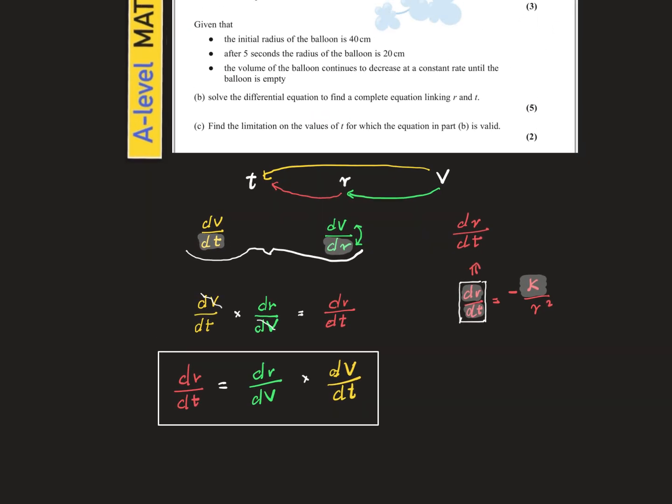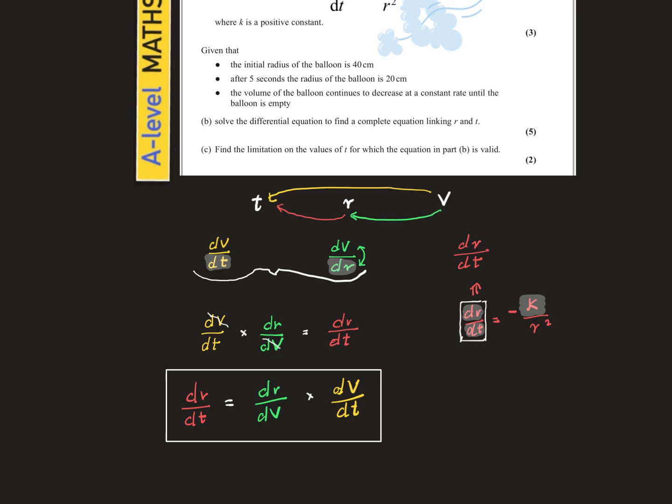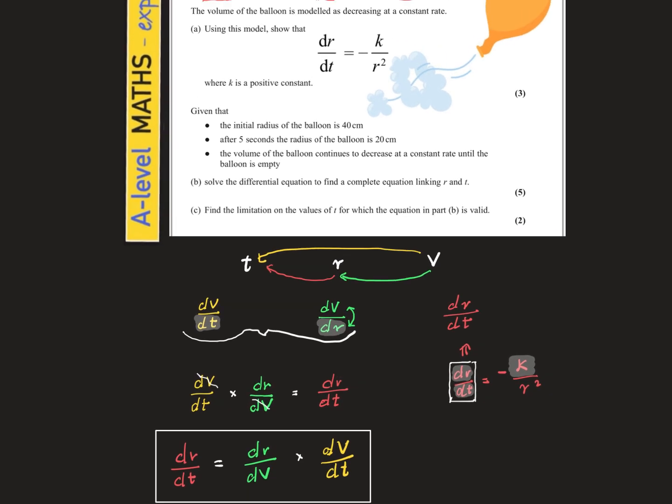Okay, let's go back to our change of volume over change of time. We were actually given that information that the volume of the balloon is modeled as decreasing at a constant rate. So that means that as time goes by, the volume is decreasing at a constant rate. So we must write here that it is decreasing at some constant.